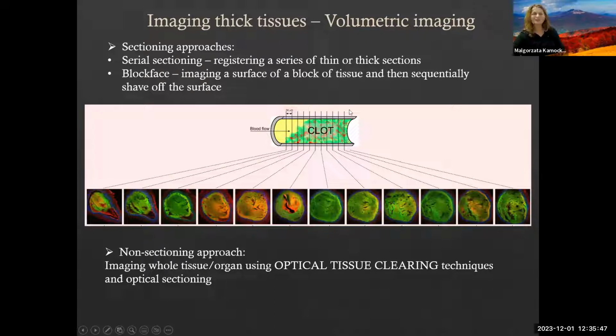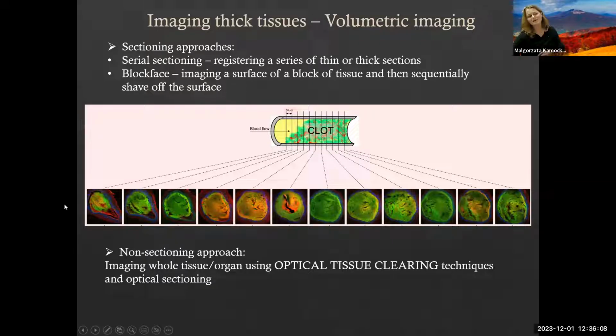But let me tell you that this technique really wasn't that great, because it generates lots of error. There is error with sectioning, so you really lose some tissue just by doing sectioning, and then they can be folded, they can be positioned not correctly, so that is very challenging.